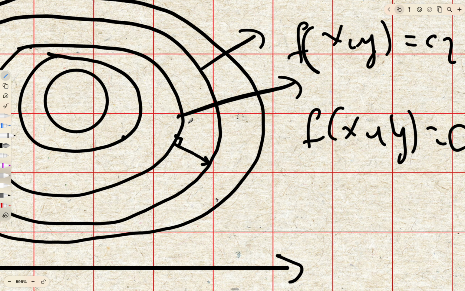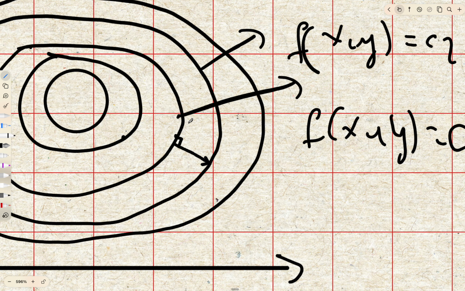Let's look at these points. Why? Because at this point x and y satisfy the constraint, and also it's a value of our function. But it cannot be optimal because, as you can see, at this point, when we move along the circle here around this point, the value of f changes. When we move on the circle, the constraint contour, the value of f changes.